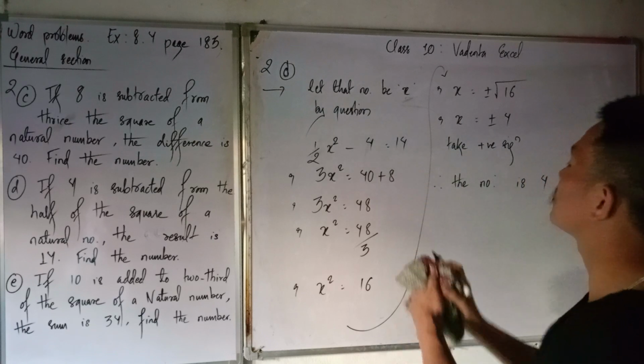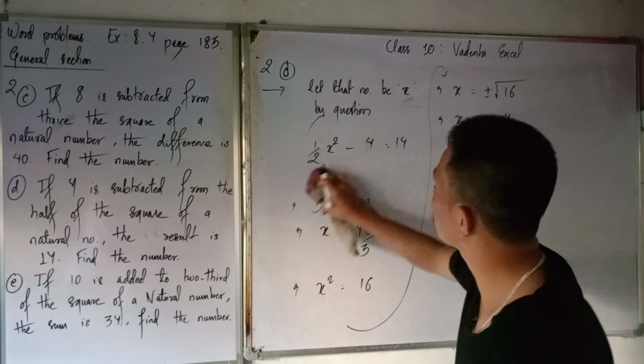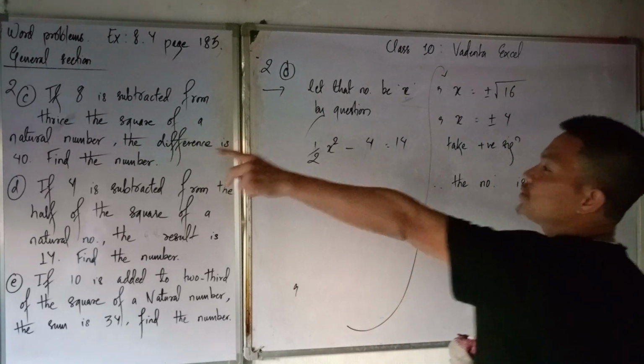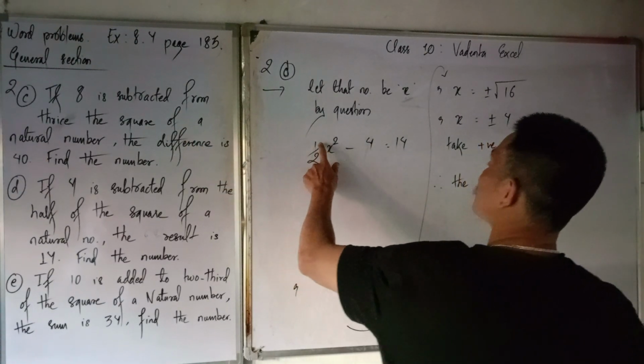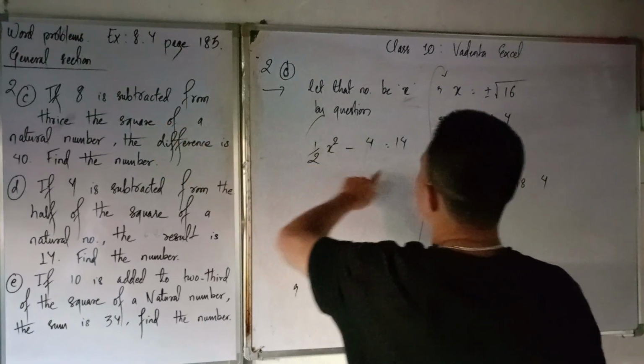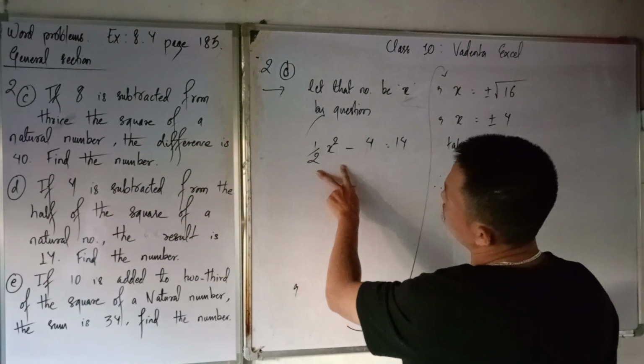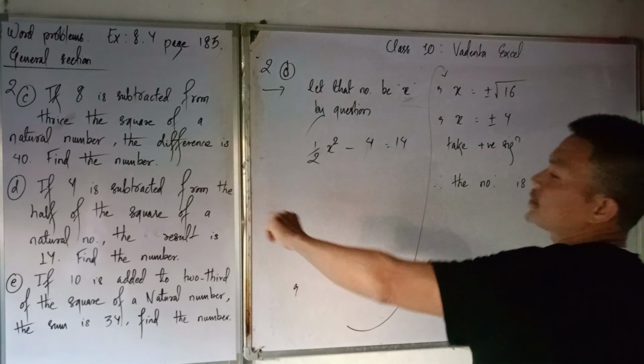Now this is the important part, how to make the equations. In the previous one, 2x squared minus 8 equals 40. Right now I have changed some of the terms.